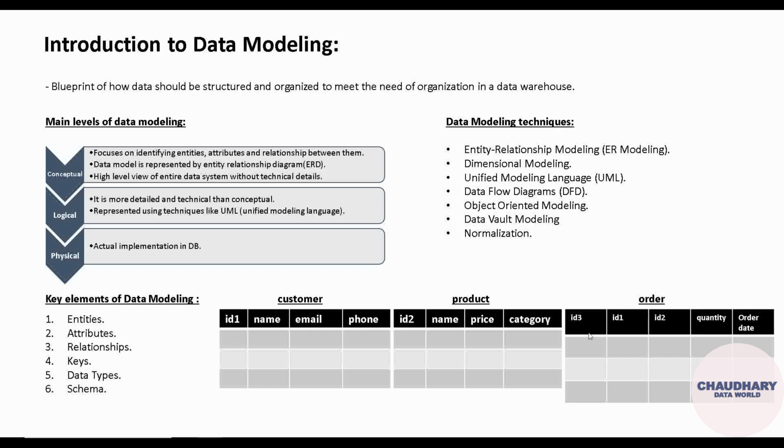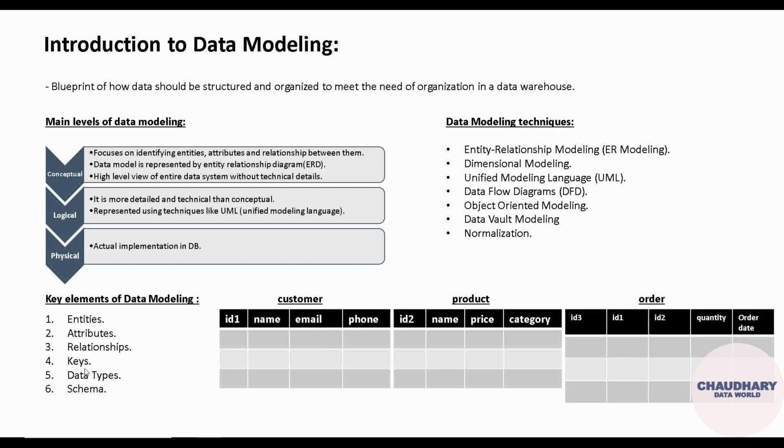ID1 will be kept there, and against that ID1 there may be multiple products he can purchase, because one customer can purchase many products. So it has a one-to-many relationship, correct? This is how the relationship works.